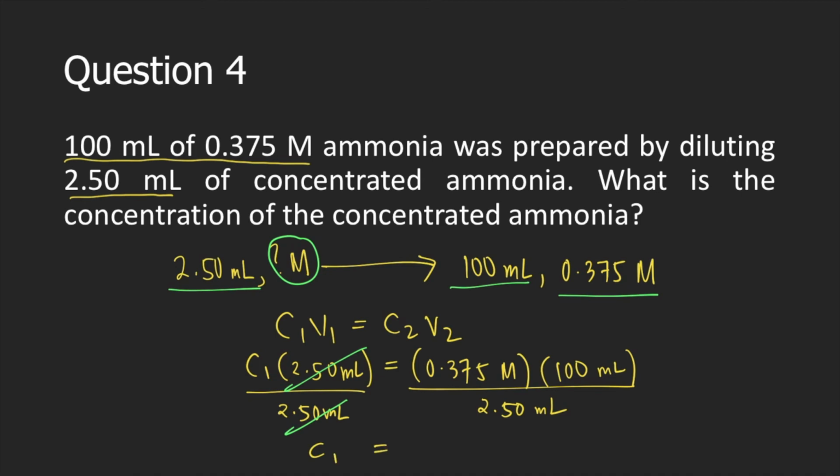And on the right side, ml will cancel, so you have 0.375 molar times 100 divided by 2.50, and this is equal to 15.0 molar. So this is the concentration of the concentrated ammonia, or the initial concentration.